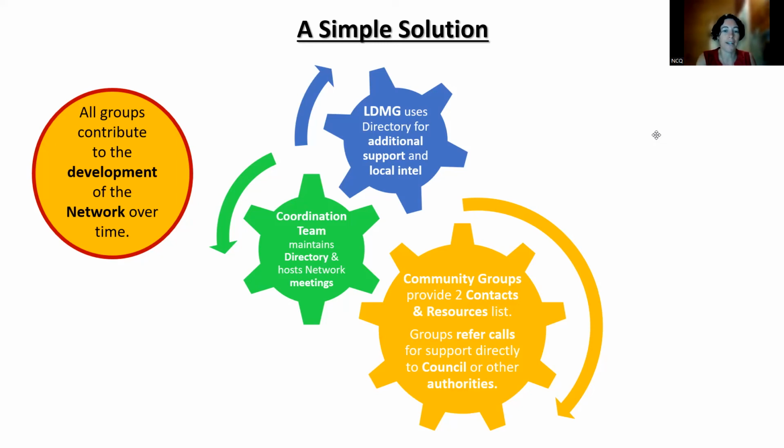Then we've got the coordination team to maintain the directory and host the meetings. And we've got the LDMG to use the directory as additional support and local intel if needed. That's it. So we've been able to keep it where groups aren't feeling like they need to be more committed than what they feel they can be.